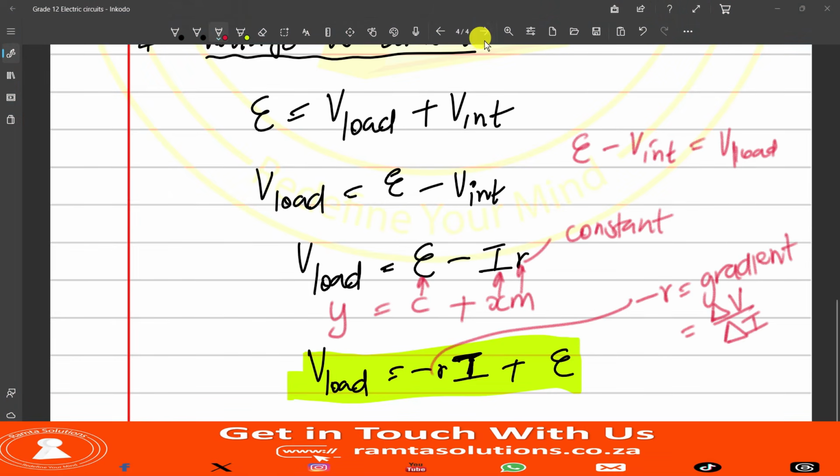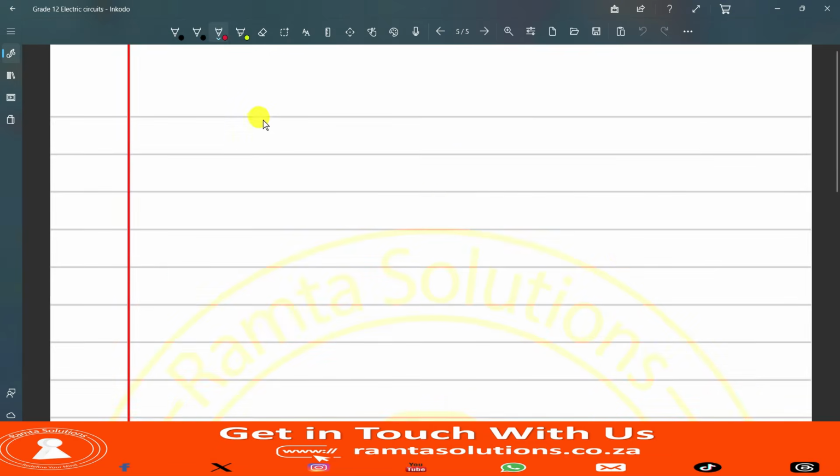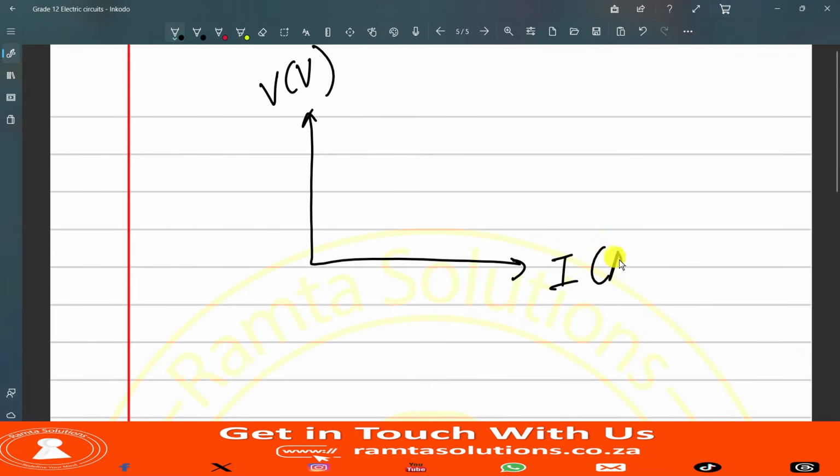So showing you this graph now, we will be drawing this voltage versus current. So this is voltage in V, current in capital A. Then we will have a graph like this. And do not forget 0. This value here, the y-intercept, is Emf supplied by the battery.